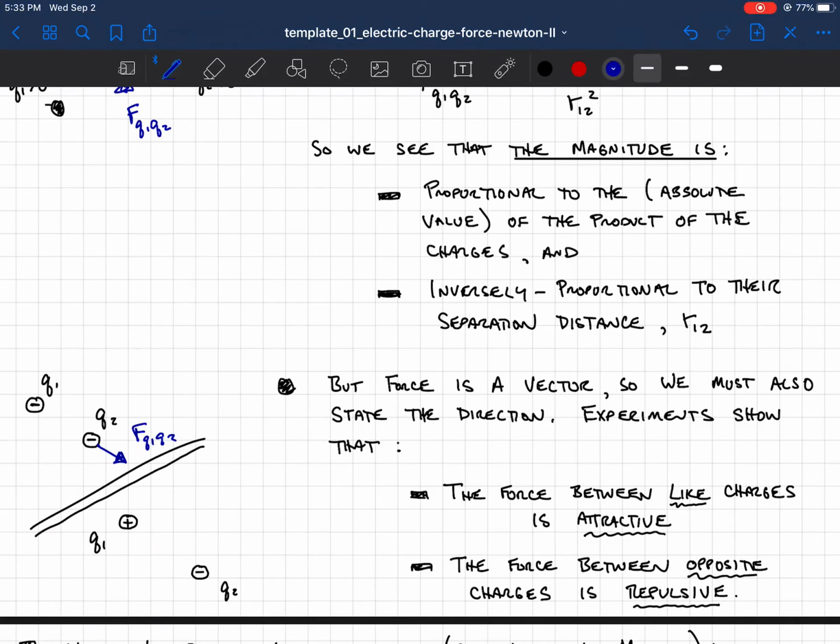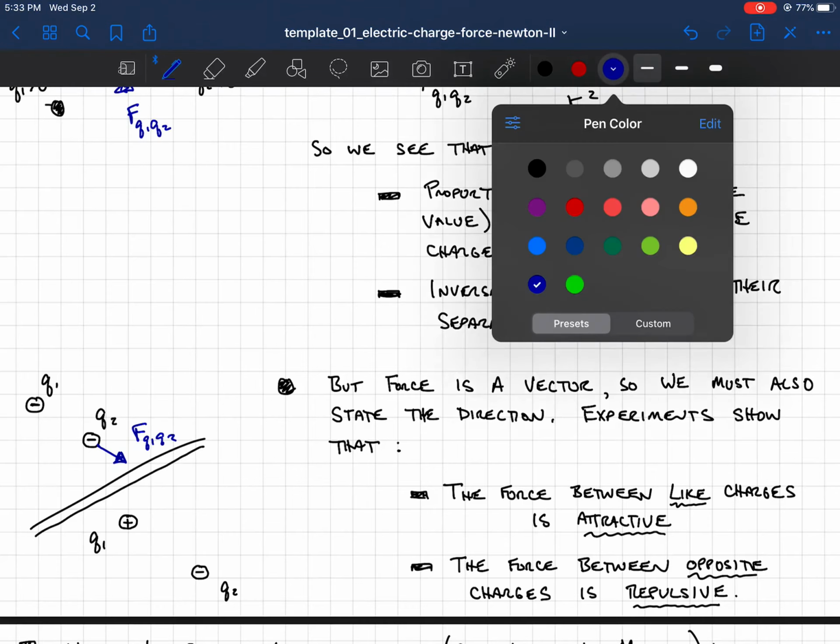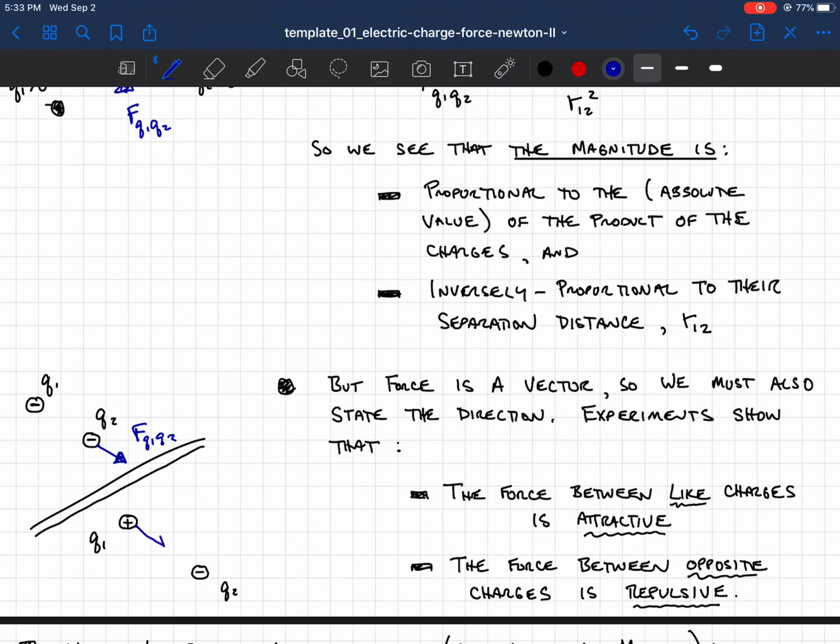So the force on Q1, since these are opposite charges, would be an attractive force, and I can draw that force vector as pointing towards Q2, and that's the force on Q1, the force of Q2 on Q1. Okay, that's the notation that I'll use.